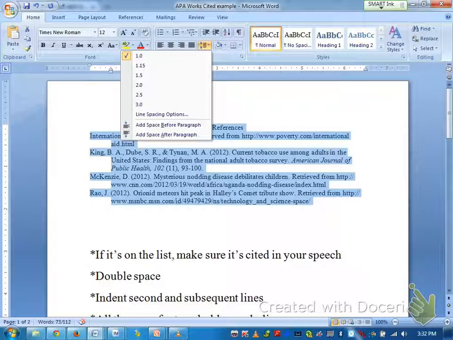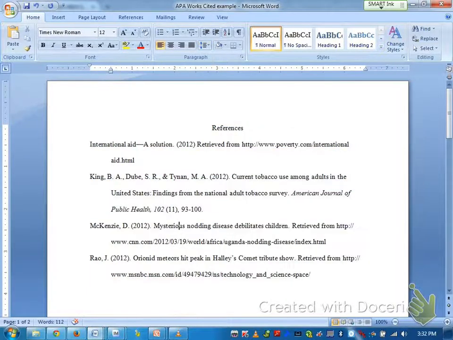There's no extra spaces between anything. Everything just sits on top of each other until you tell it to double space, and then it spreads out and it looks all nice and pretty. Again, that includes the references title.